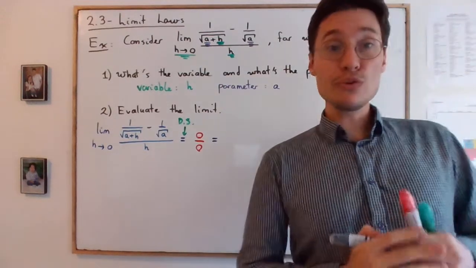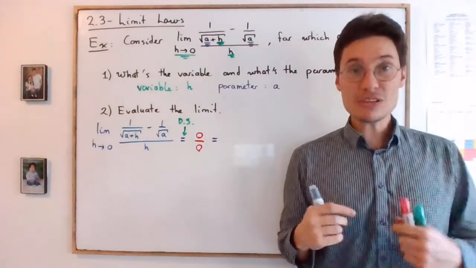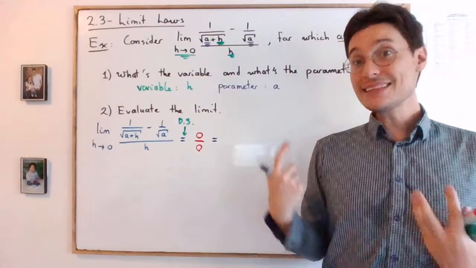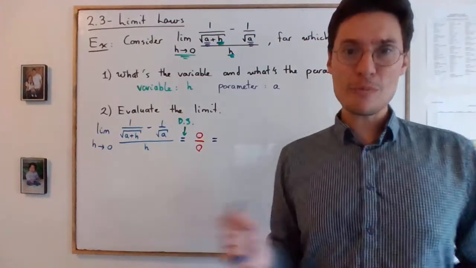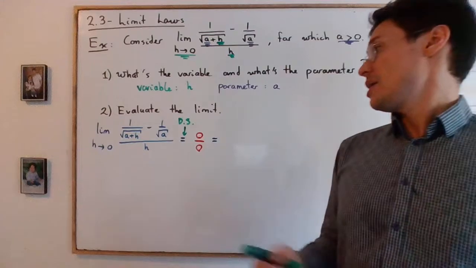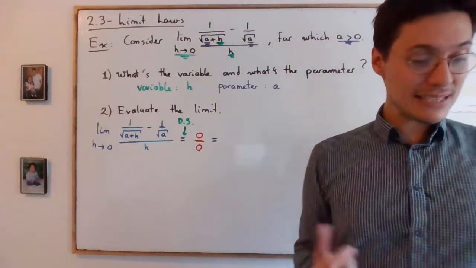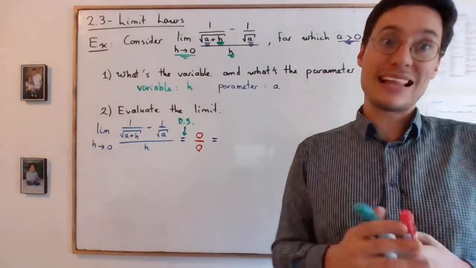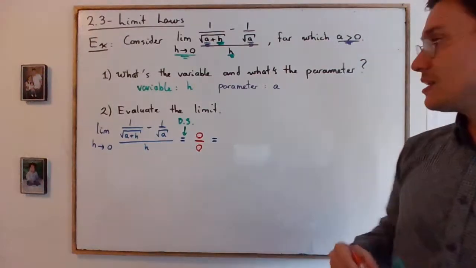Now, one thing you should notice is that there are actually two problems in this limit, and one is a little more severe than the other. The first problem is that there are inner fractions.